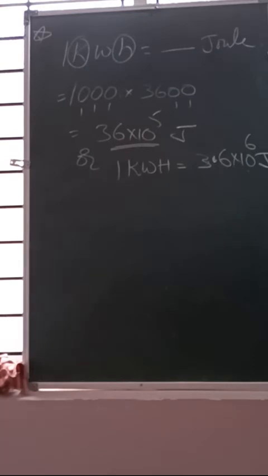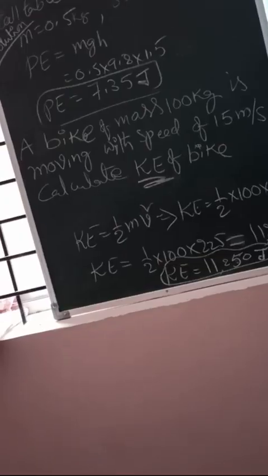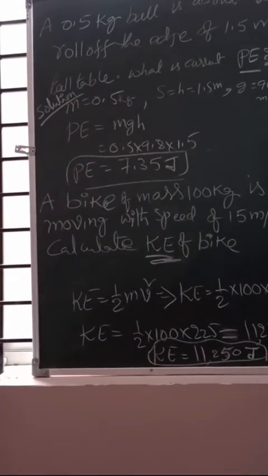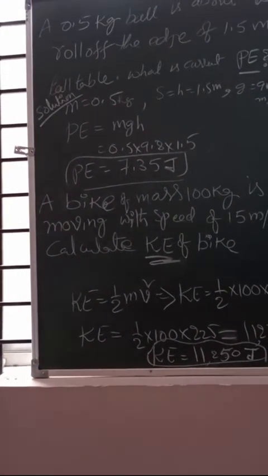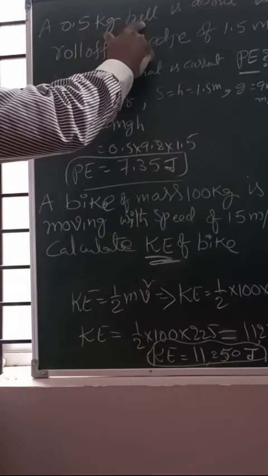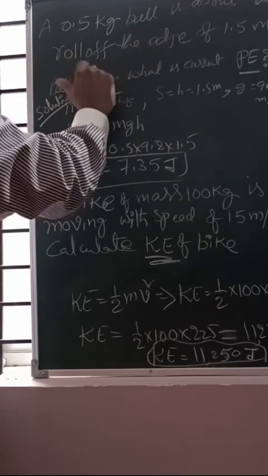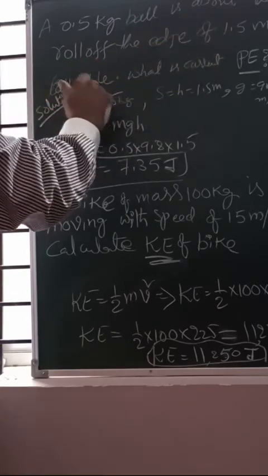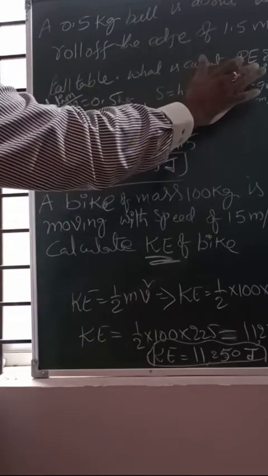Next, numericals in energy. The first problem: a 0.5 kg ball is about to roll off the edge of a 1.5 meter tall table. What is the potential energy?